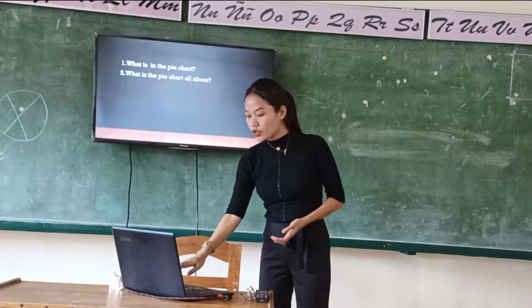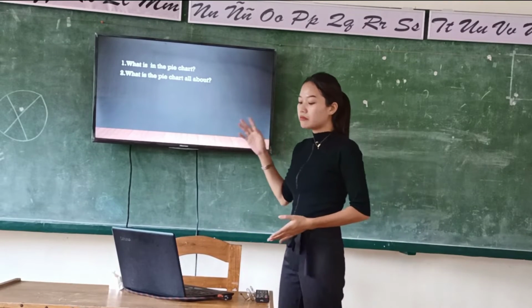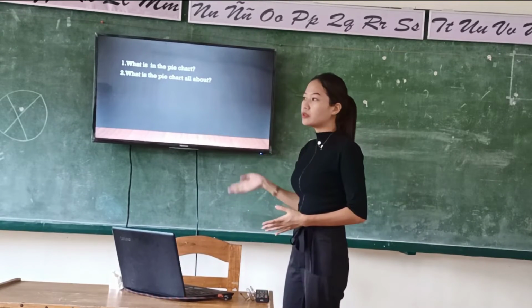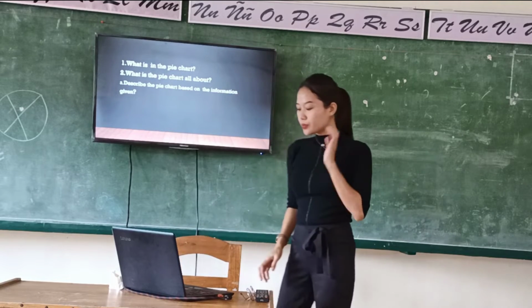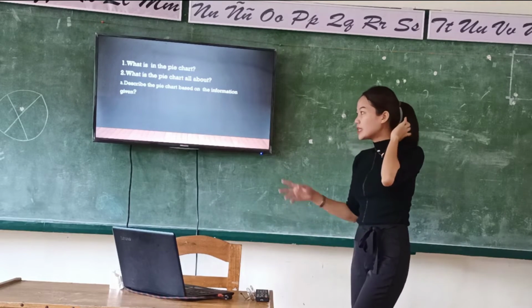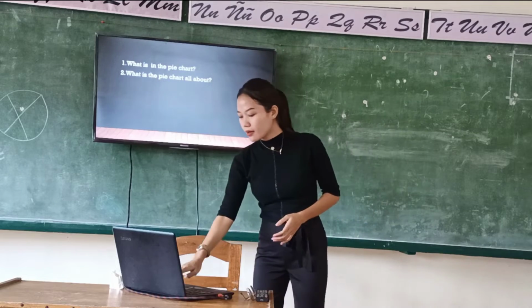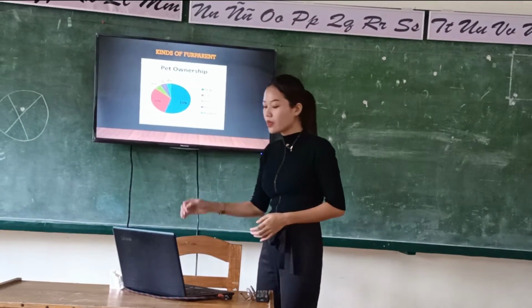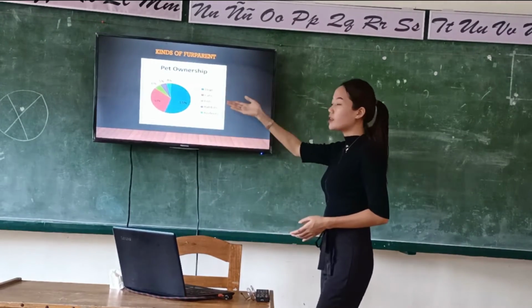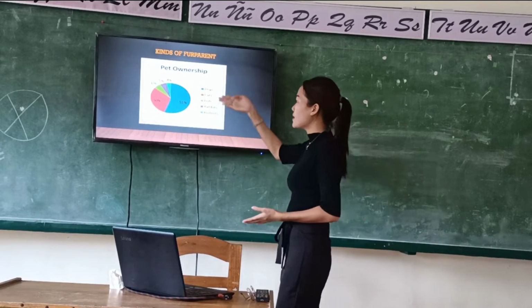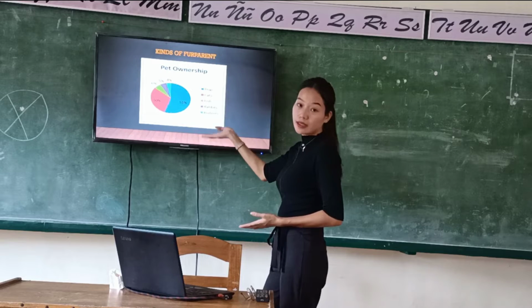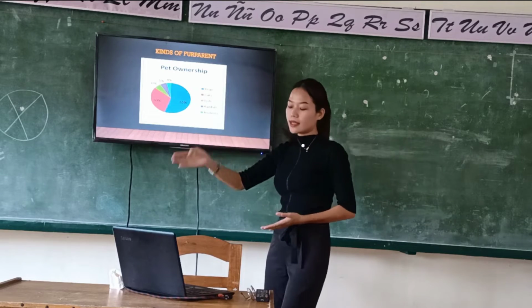The next question: the pie was all about pet ownership. As we describe the pie chart, it is all about the kinds of pets and pet ownership.